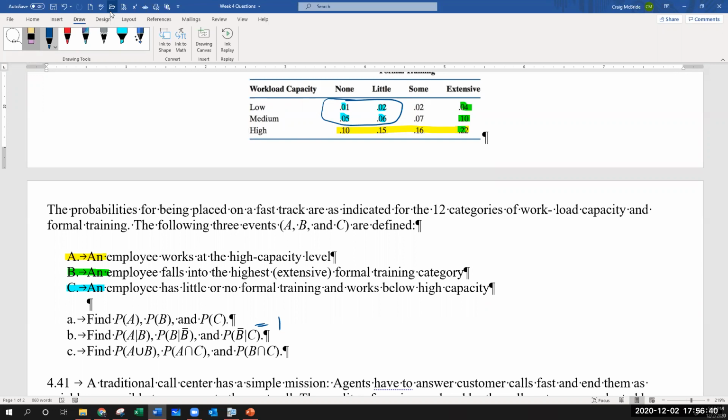If you think about it, not B in English would be an employee does not fall into the highest formal training, right? So what's the probability that an employee does not fall into the highest formal training given that they have little or no formal training and work below high capacity?